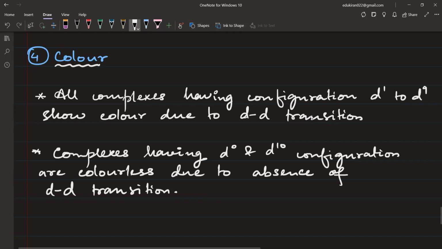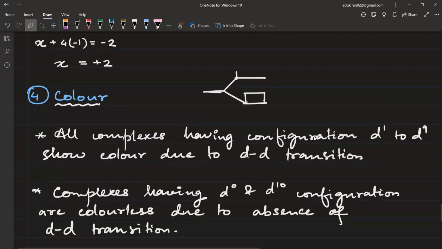Actually, whenever the d block elements form some type of complex, the d orbitals split up like this into two different sets of orbitals. And what is color, by the way? I hope all of you know that if you turn off the light, nothing has a color, right?